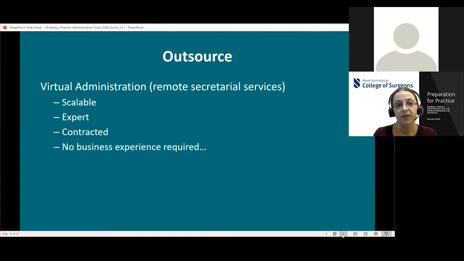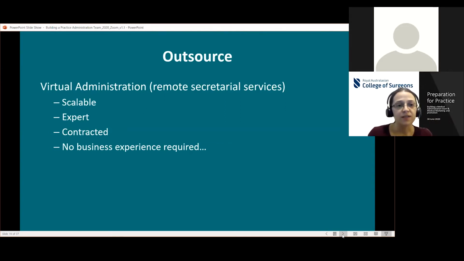And these virtual administration services or remote secretarial services are specialised in the medical industry. They're not all specialised, obviously. You can also just go and get a virtual receptionist answering your phone who does it for a lawyer over here and a doctor over here and somebody else over there. But you can definitely get people who are specialised in the industry that understand how a surgical practice works.